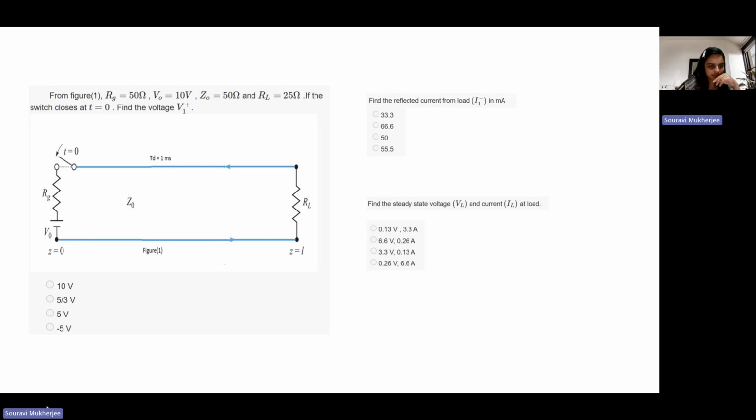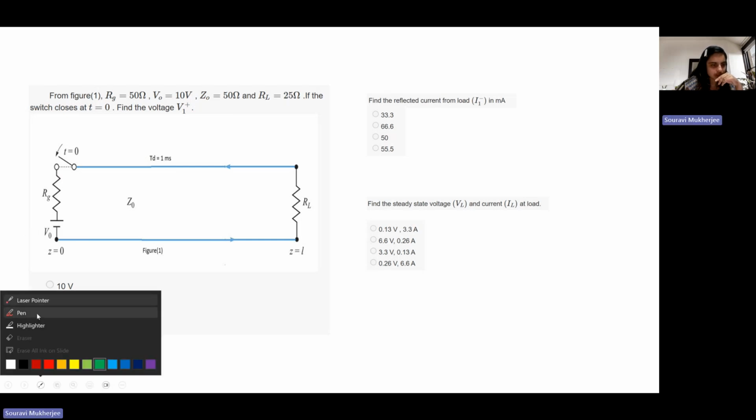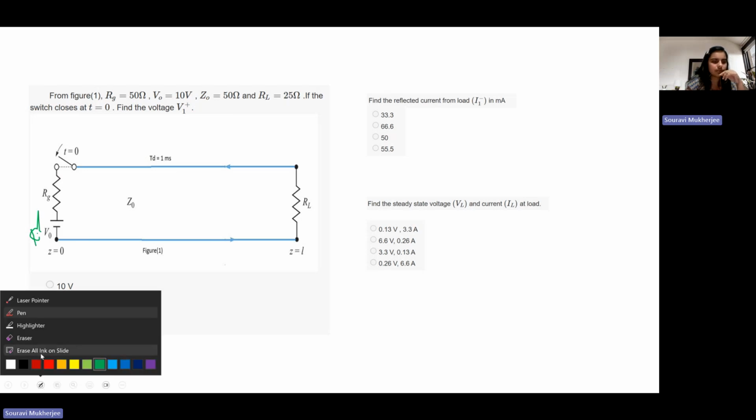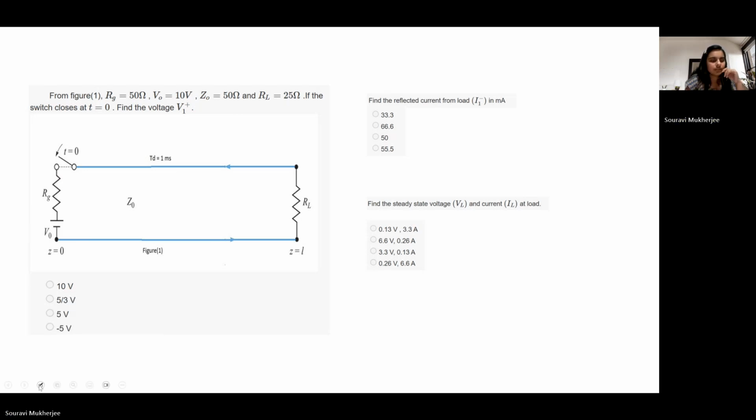So here you have 10. So the starting voltage at the source is 10, right?